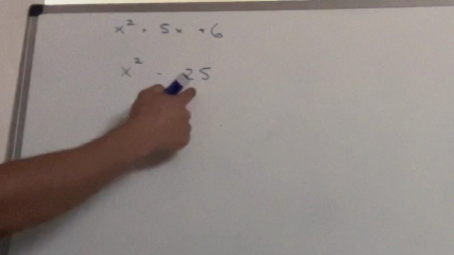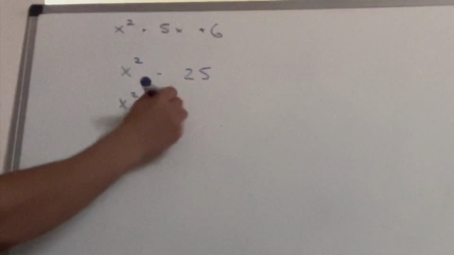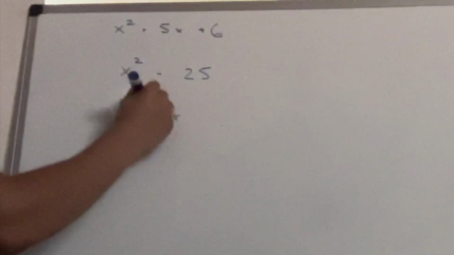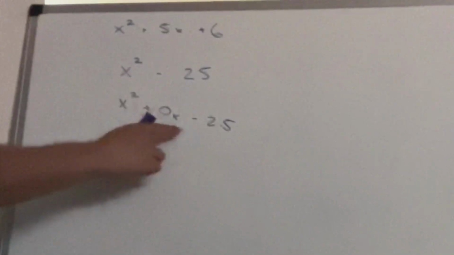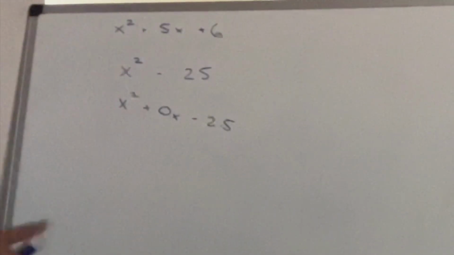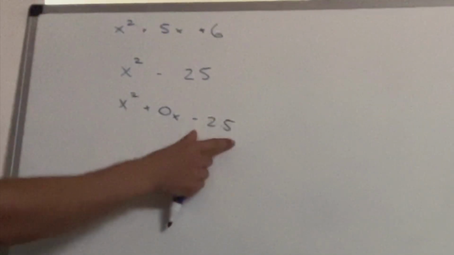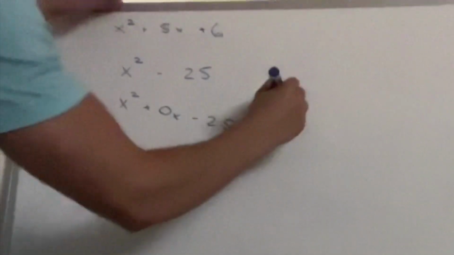So this x squared minus 25 is the same as saying x squared minus 0x, or plus 0, it doesn't really matter, minus 25. Because 0 times x is 0. And so we can rewrite this, and now you can do what multiplies to negative 25 and adds up to 0. You could write on the side if you need it.